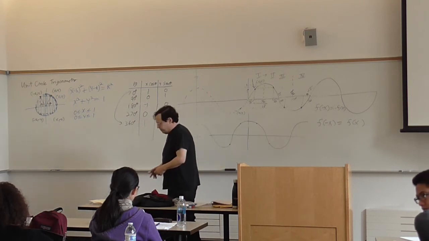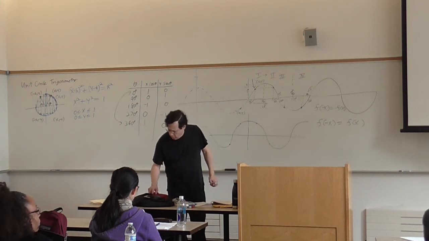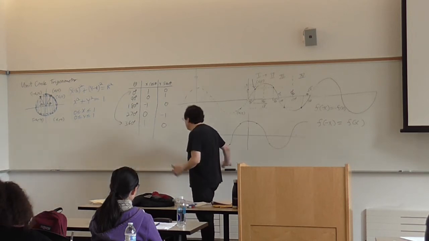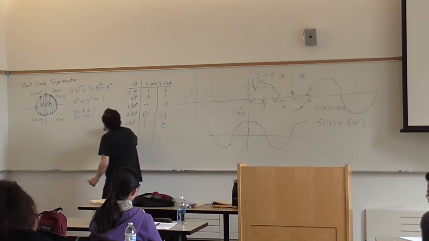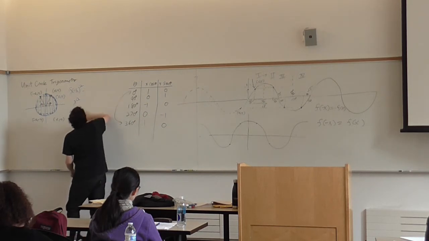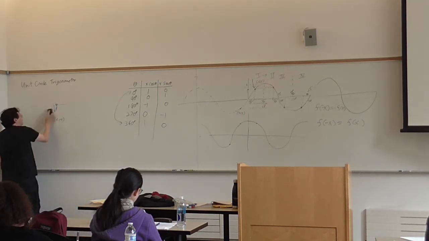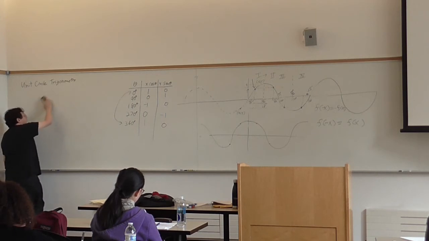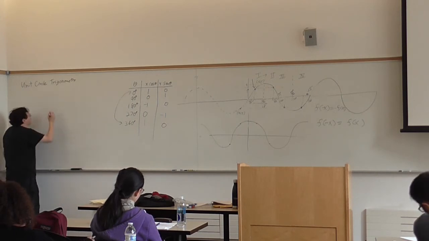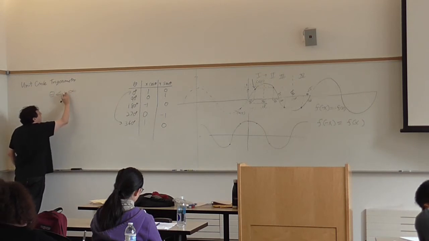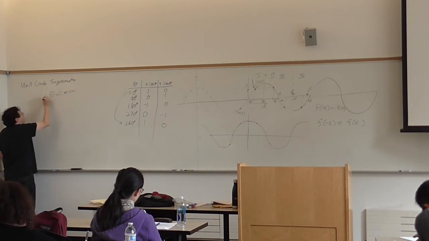All right, I want to make one more point about this. Two more points. I kind of want to wrap this all into one thing here. I have some theta. It can have any value, right?